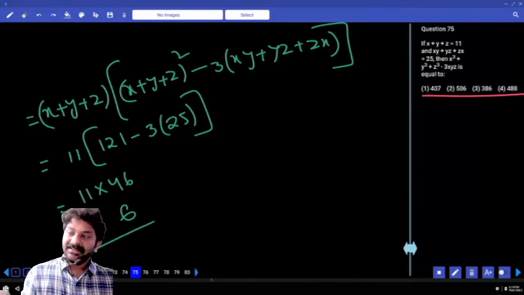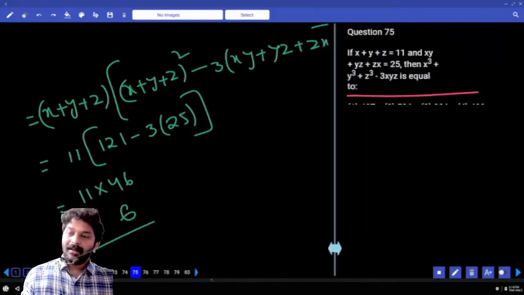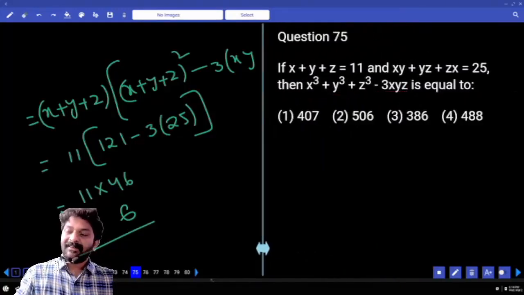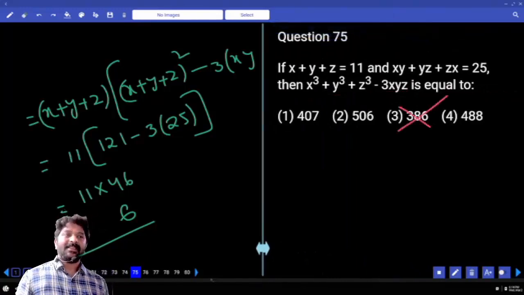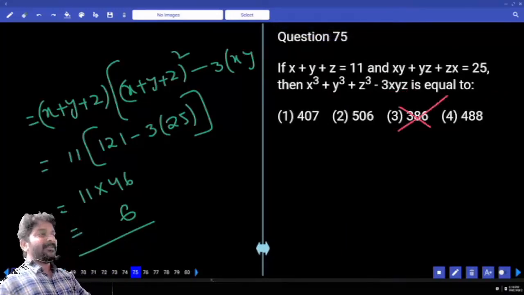Answer must end with 6. 46 11 టైమ్స్ అన్నాం కాబట్టి 460 కంటే పెద్దదే ఉంటుంది కాబట్టి థర్డ్ కాదు, సెకండ్ ఆన్సర్.